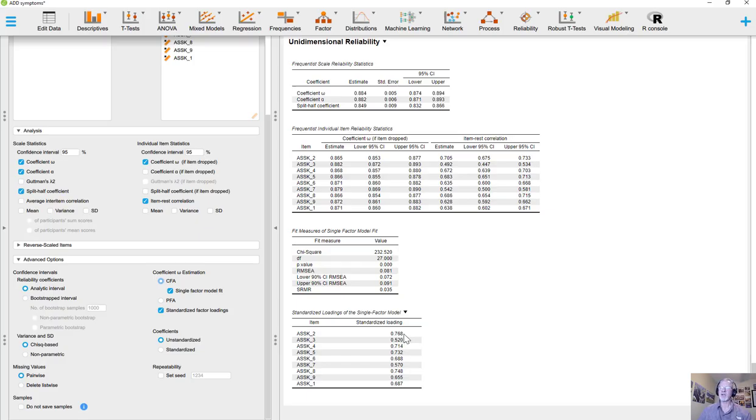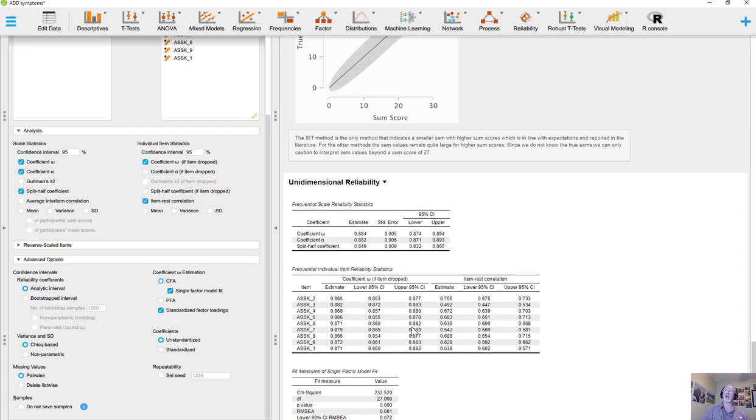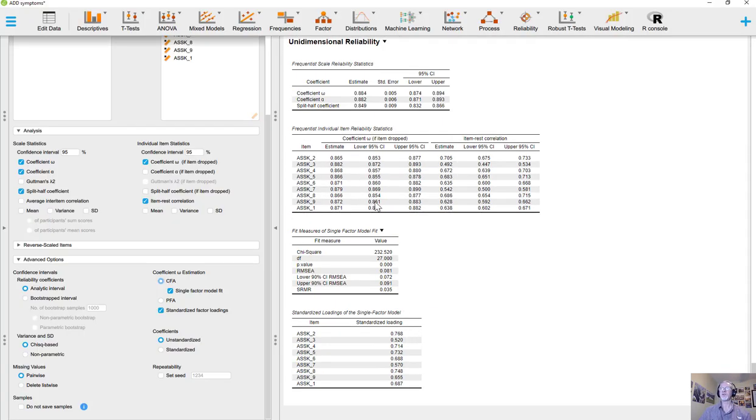You want each of those to be ideally strong, so 0.5 and above, and all of those are strong. All of this indicates that we have a single factor and its reliability is good.